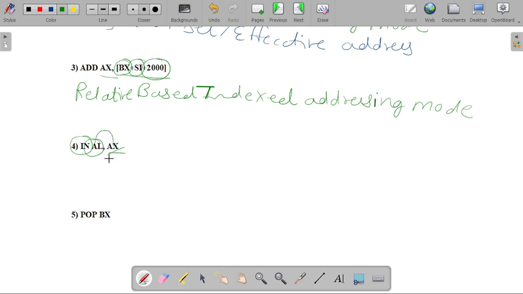The contents of the AX register are not given in that example. We have given the AX register directly and that will be loaded into our AL register. So we are writing here the indirect input output addressing mode.